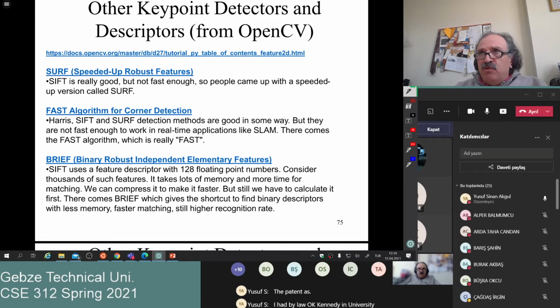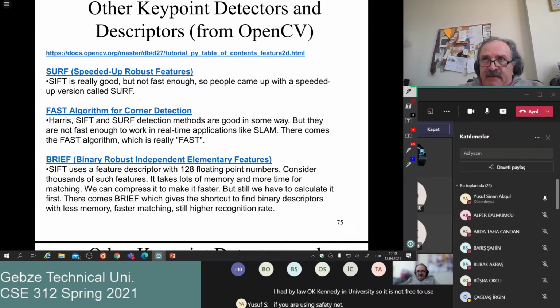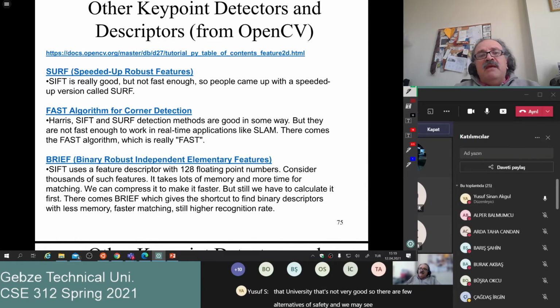So it is not free to use. If you are using SIFT in a commercial application, you are supposed to license it from that university. That's not very good. So there are free alternatives to SIFT, and we may see some of them.